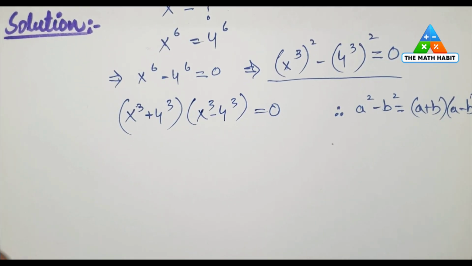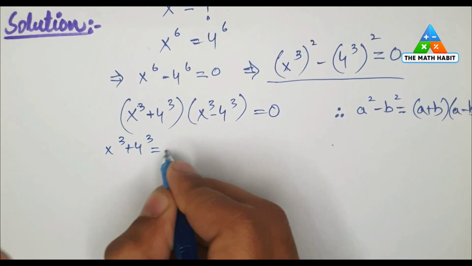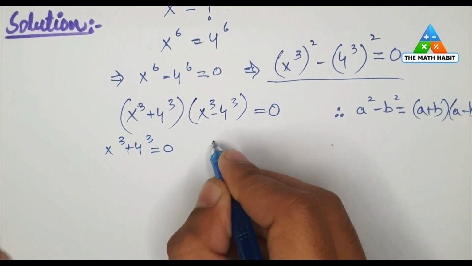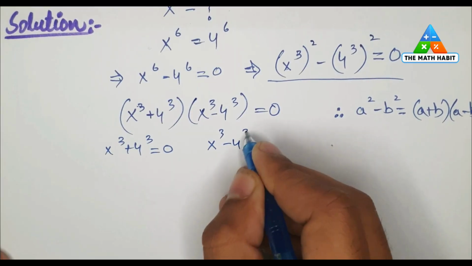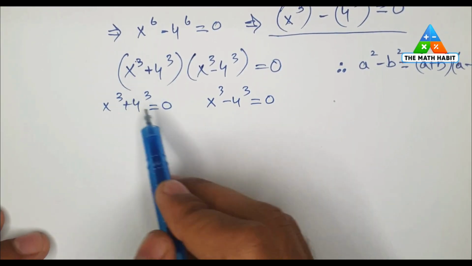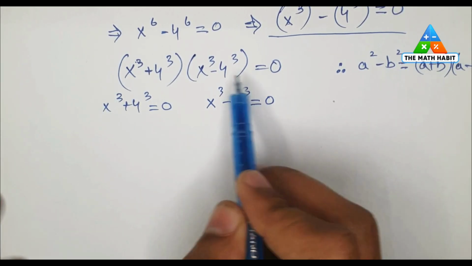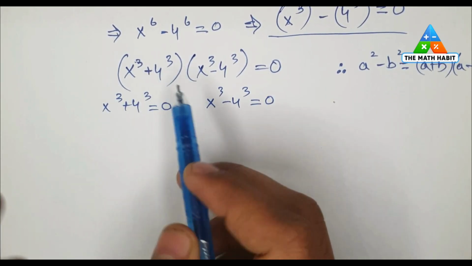Now further, x cube plus 4 cube is equal to 0 and x cube minus 4 cube is equal to 0. I just applied the zero product rule here to set both of these expressions to 0.